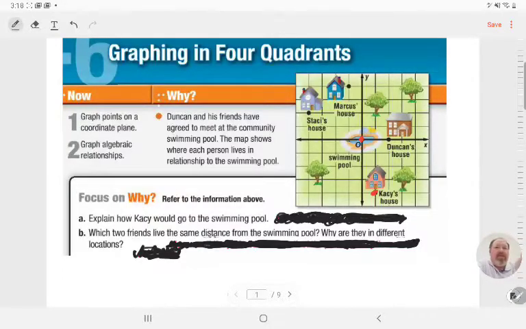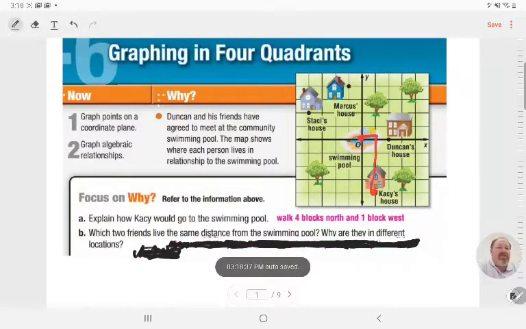Okay? So we could say she walks 4 blocks north and 1 block west. So 1, 2, 3, 4, and 1 west. And we're there.